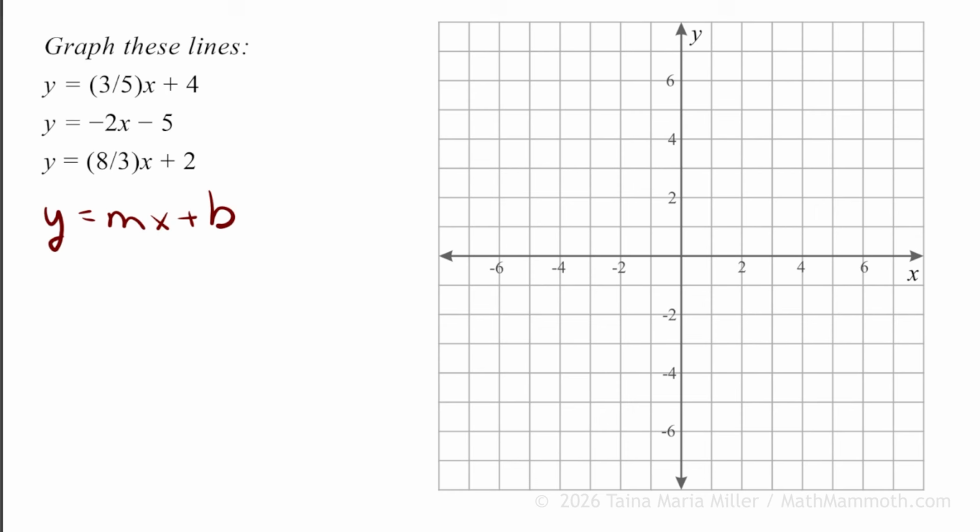Okay, the number may be negative, but still, they are all in this same format. So we can see that for this first line, the slope is 3/5, and the y-intercept is 4. This means that it crosses this y-axis at 4, over here. You can also just plug in 0 in place of x and calculate that y equals 4. When x is 0, y is 4.